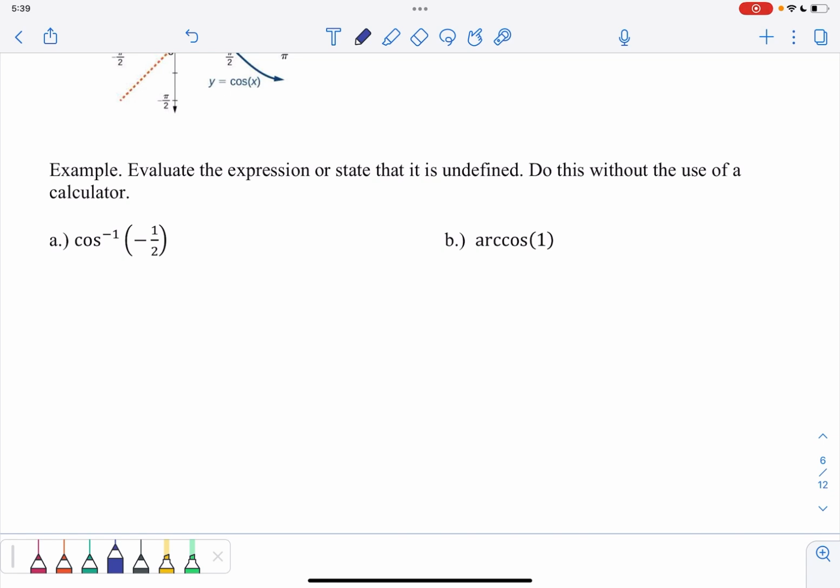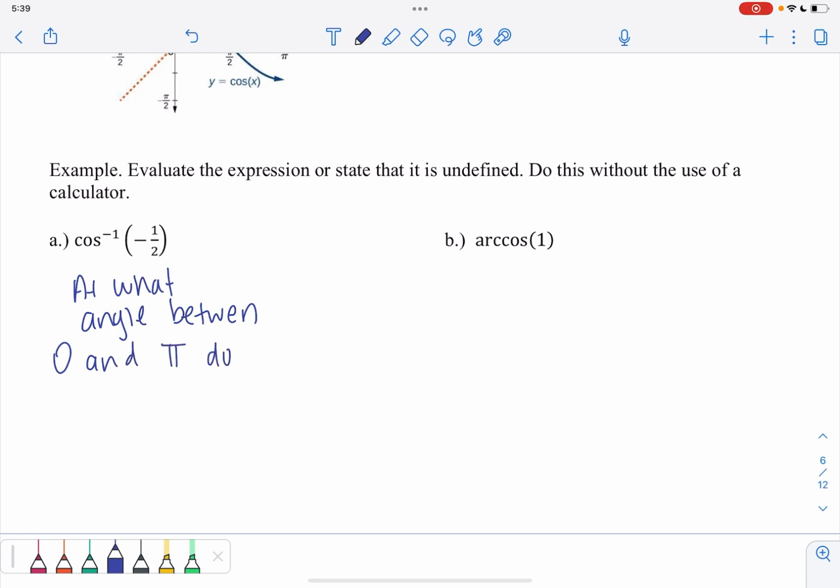So if I have the cosine inverse of -1/2, this is going to say, at what angle between 0 and pi does cosine produce a value of -1/2?